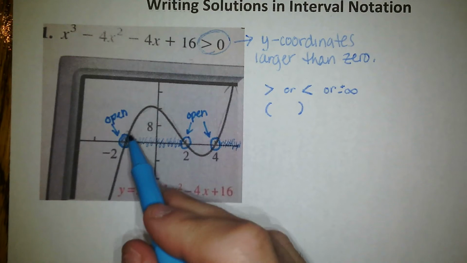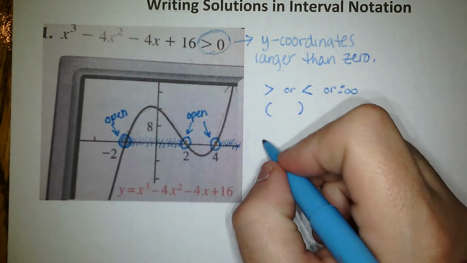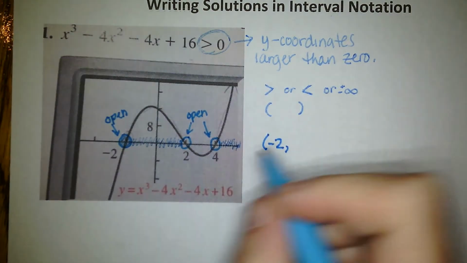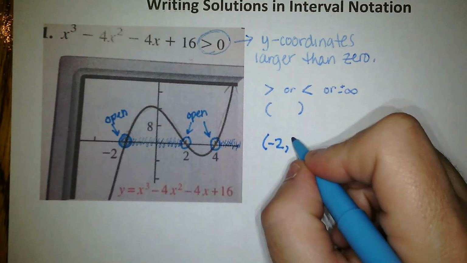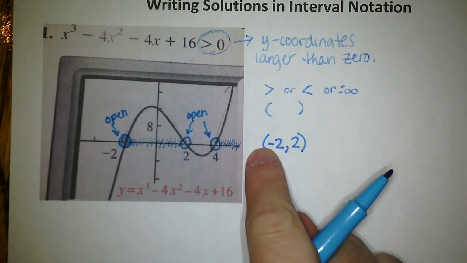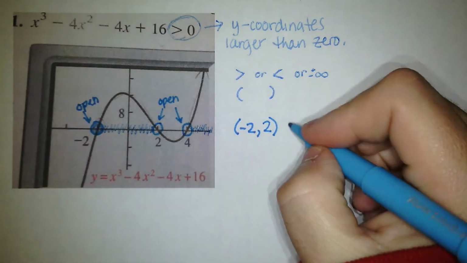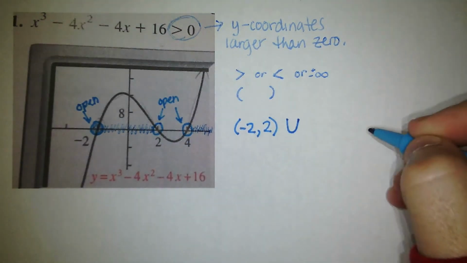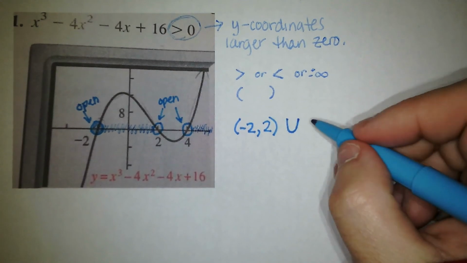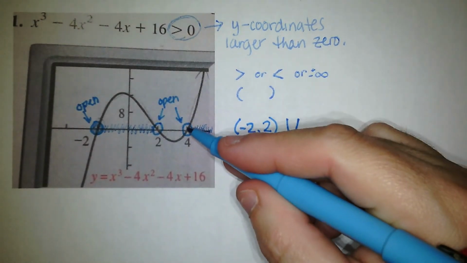So our interval starts at -2, open, and it stops at +2, open, which means you're using parentheses. Then because there's another section, we want to use a symbol called a union. And that just means that we're going to carry on another section. And it starts at 4.